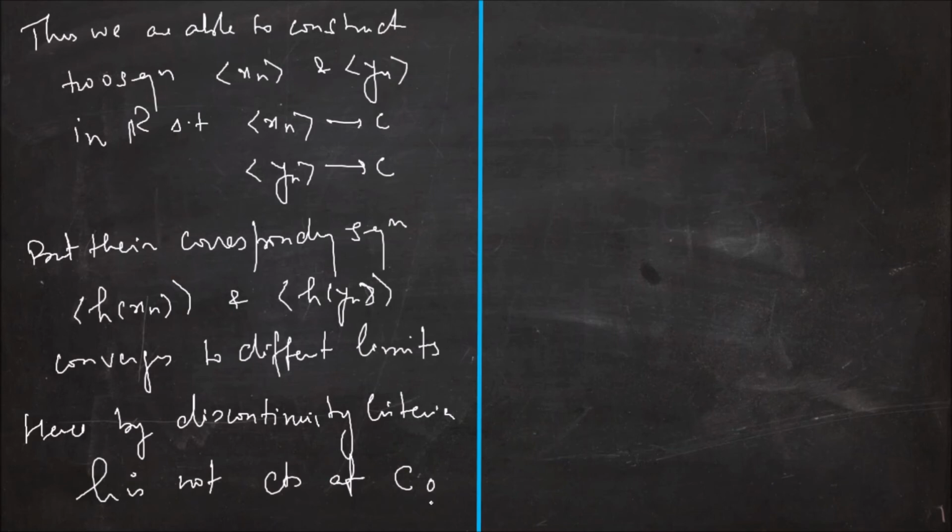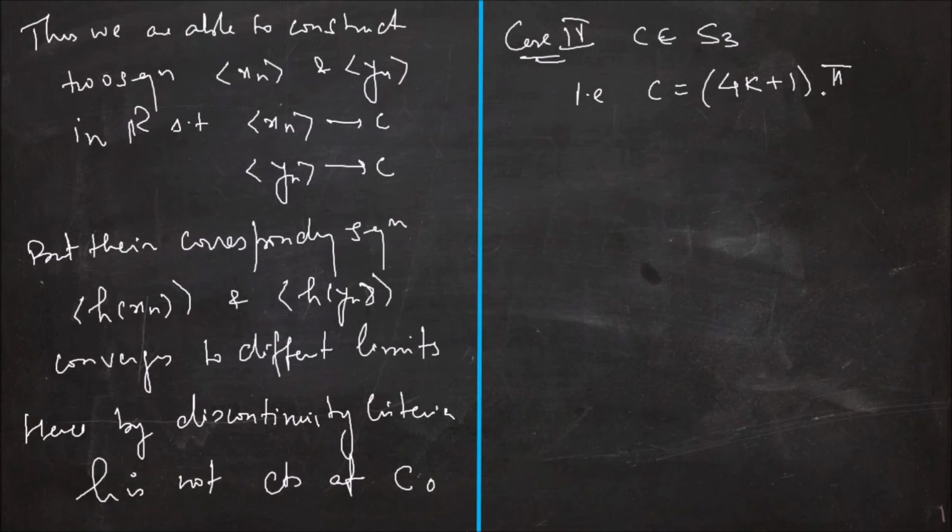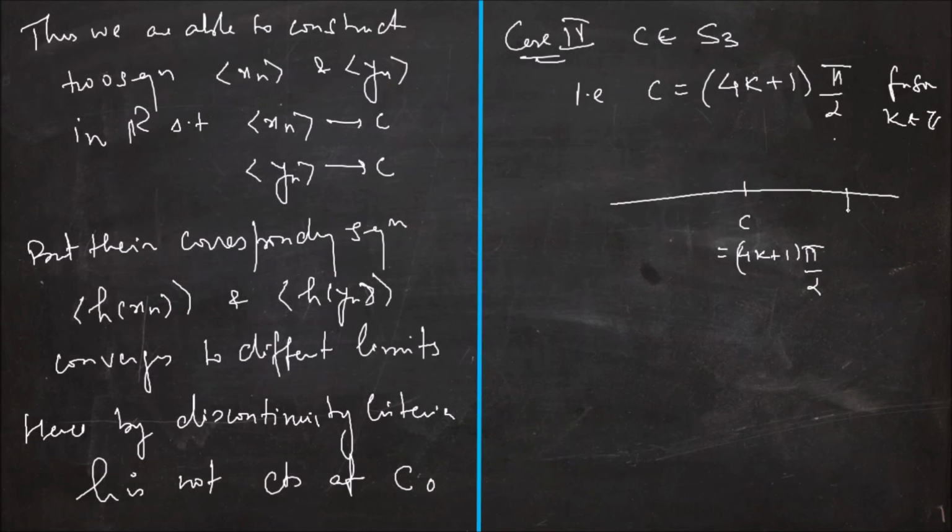Now we are left with the last case, case 4, when c belongs to S3, that is c is of the form (4k plus 1) pi by 2 for some k belonging to Z. Again in this case we will construct a sequence that will converge to c, but the corresponding sequence will not converge to h of c. So this is our c, which is equal to (4k plus 1) pi by 2, and if I add pi by 2 to this, I get (4k plus 2) pi by 2, which is (2k plus 1) pi, which is odd.